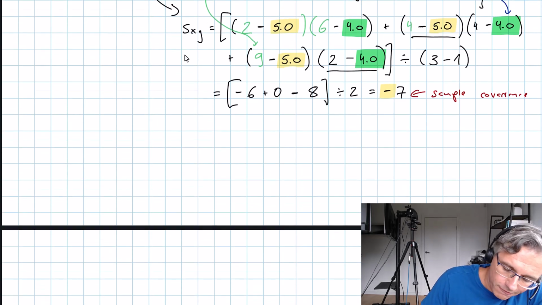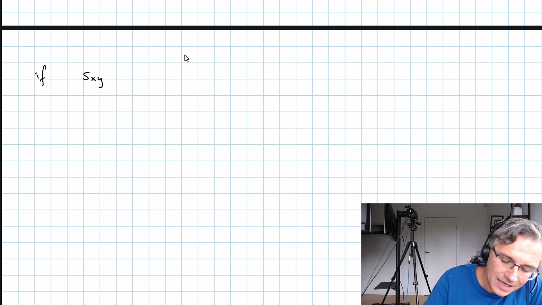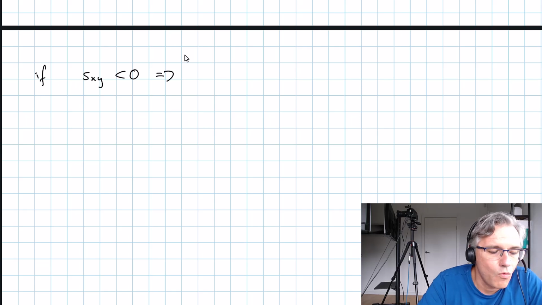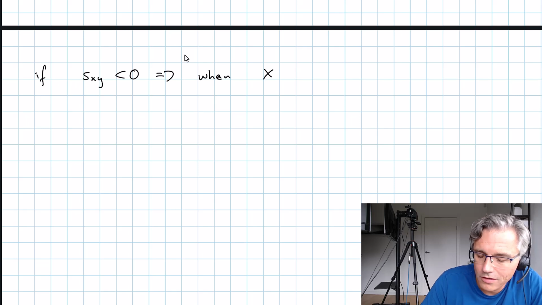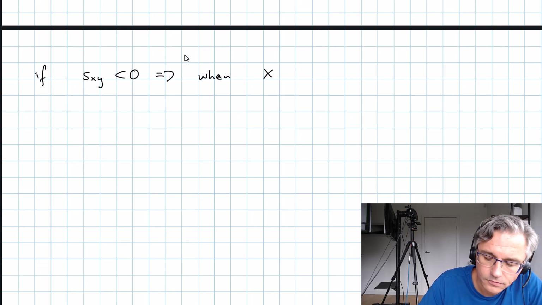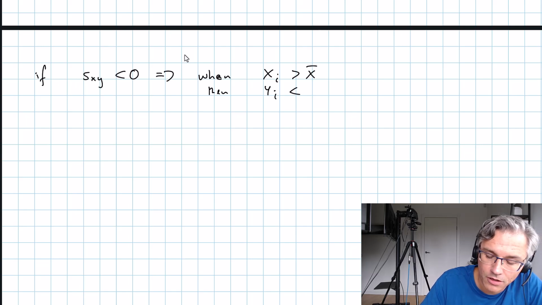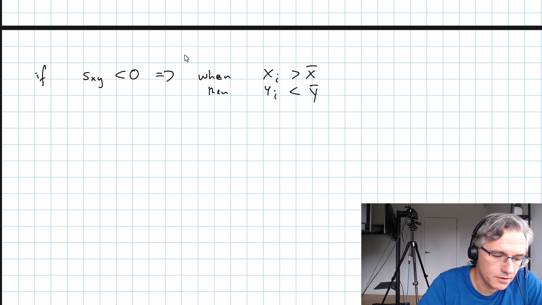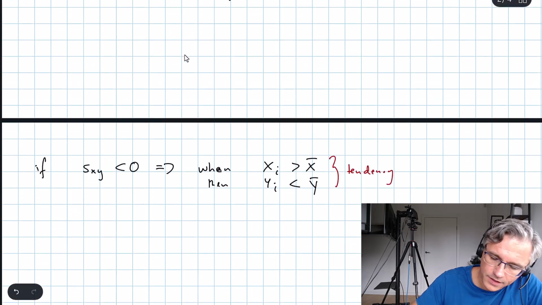Well, if, like in this case, the covariance is negative, what that implies is that when one variable, x, takes on values which are above the mean, then the other variable, y, takes on values which are below its respective mean. So this is just a tendency.